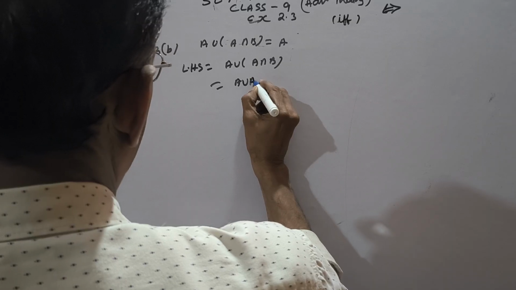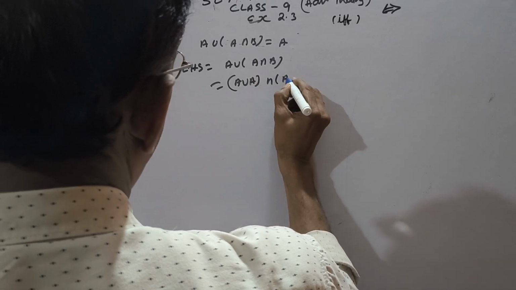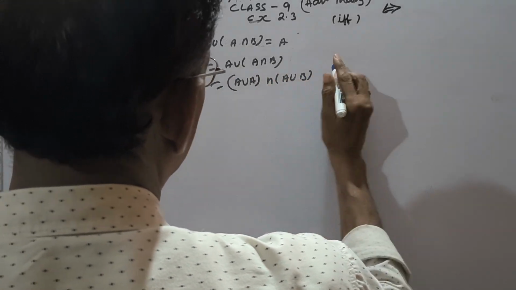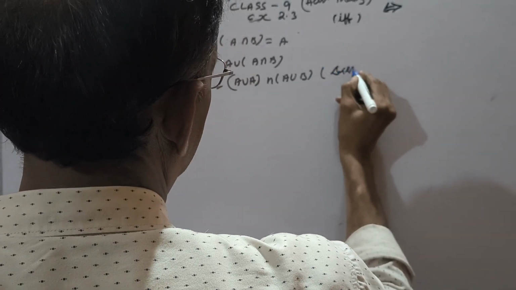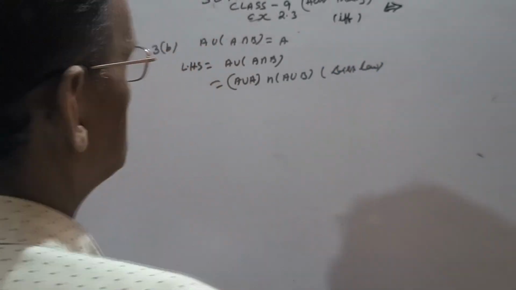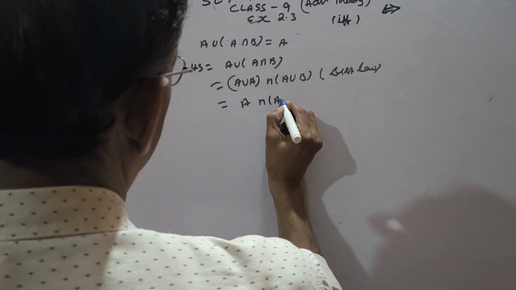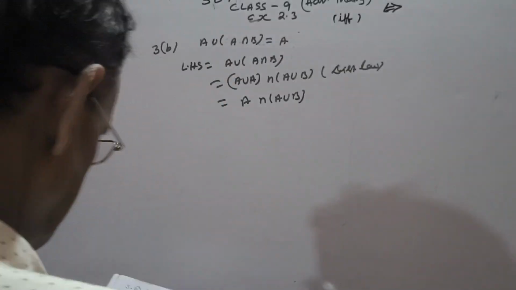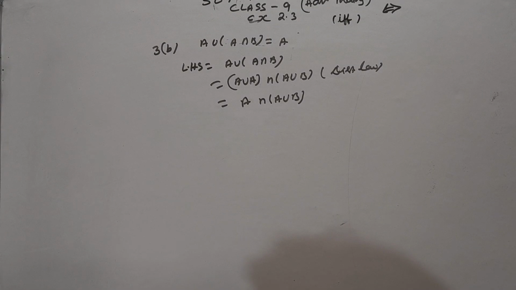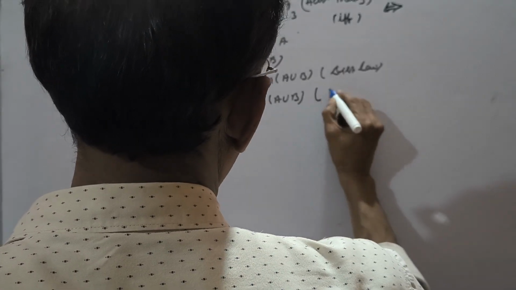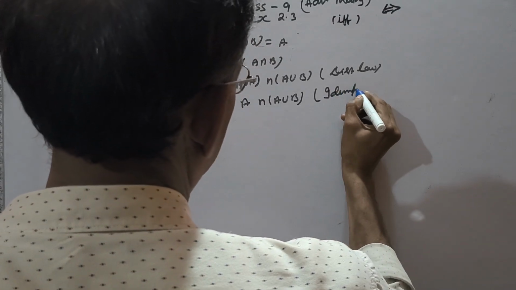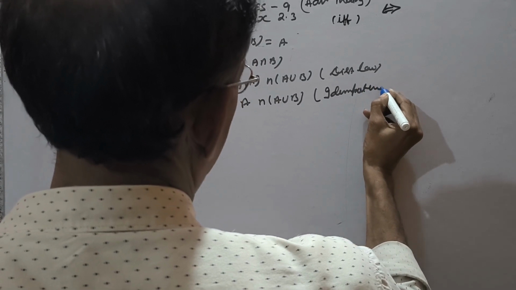(A union A) intersection (A union B). We can distribute, no? Distributive law, and A union A is A only. A union A equal to A only. Understood? What is the law? Idempotent law.